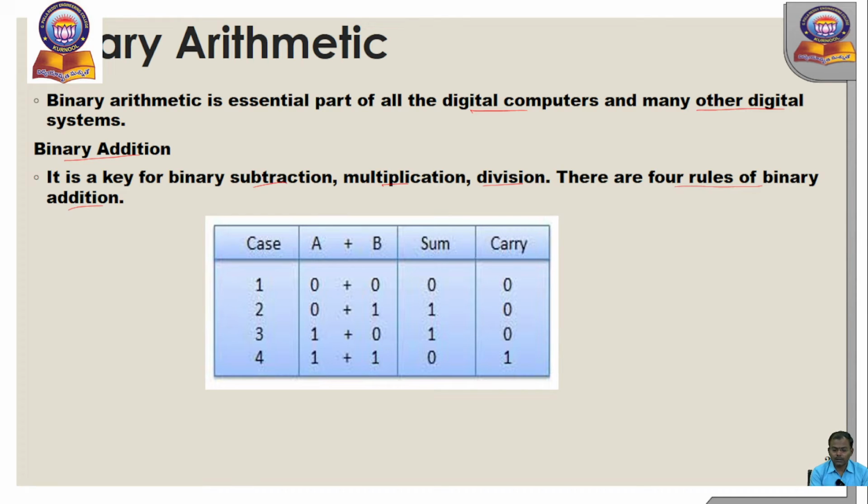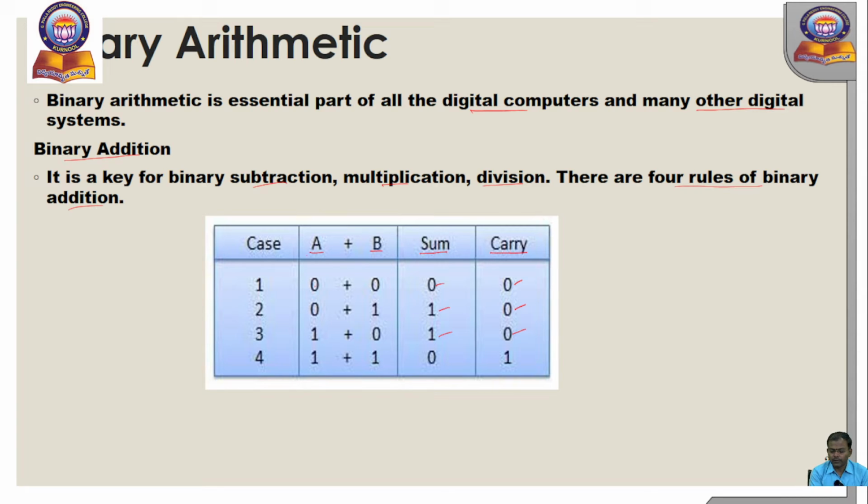If I have two numbers, A and B, binary addition gives sum and carry. If both numbers are 0 and 0, then sum is 0 and carry is 0. If it is 0 and 1, the sum is 1, carry is 0. If it is 1 plus 0, sum is 1, carry is 0.